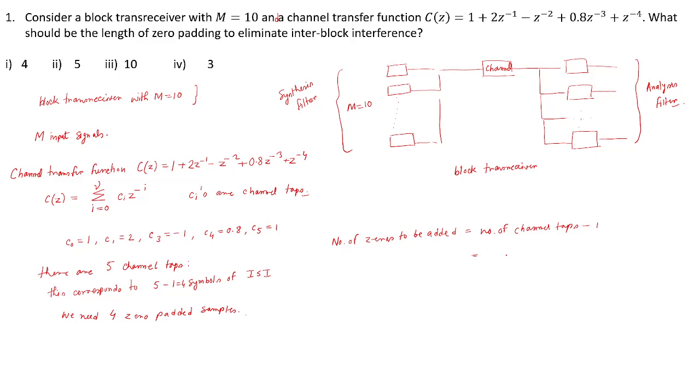Since we have the number of channel taps 5 minus 1, therefore 4. So the length of zero padding to eliminate interblock interference is 4. Therefore the first option is the correct one.